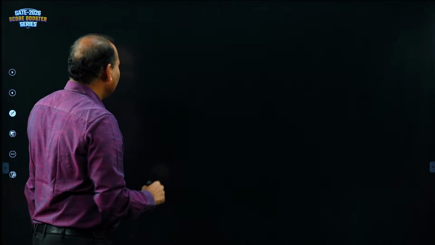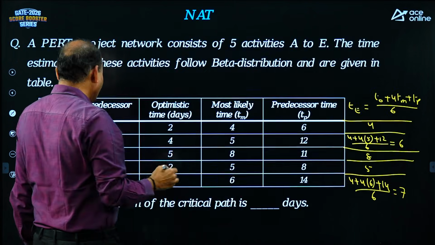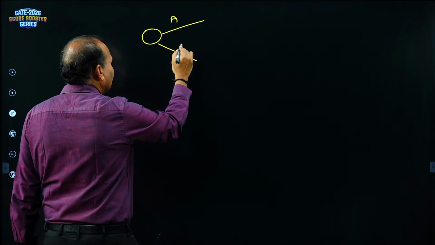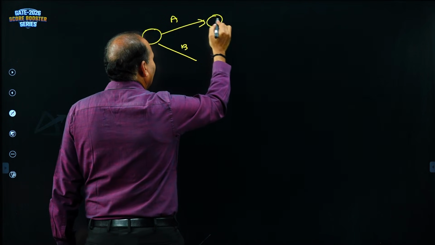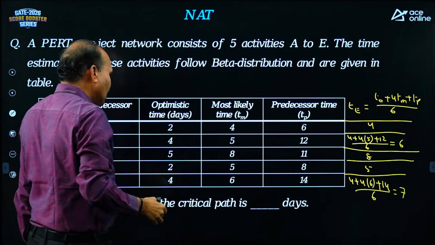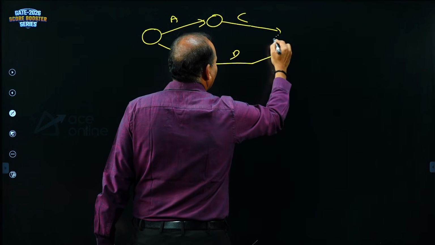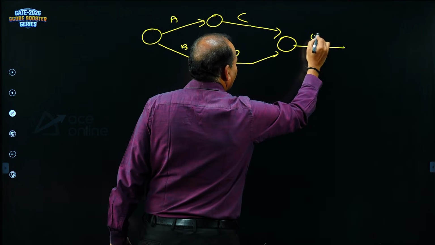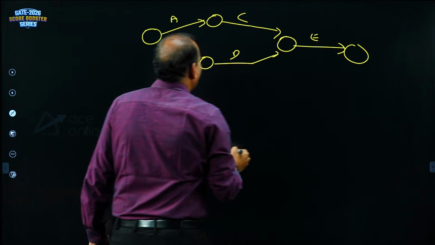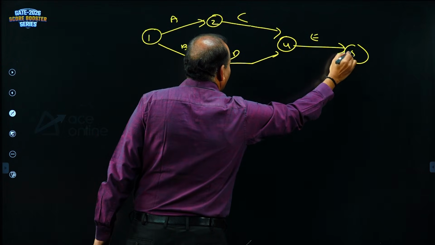A has no condition, B has no condition, C after A, D after B, given data, E after C and D. So C and D both join, so that we are going to get E. List over, and event numbers 1, 2, 3, 4, 5.